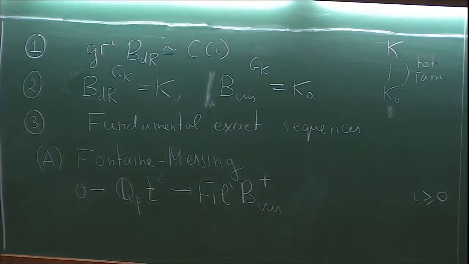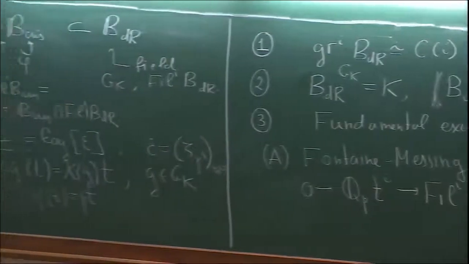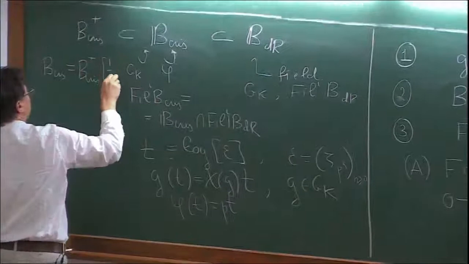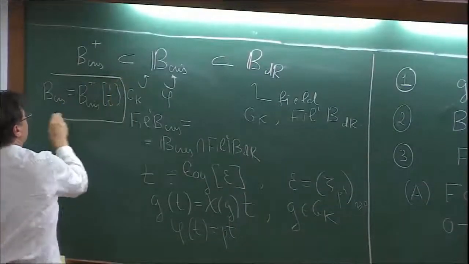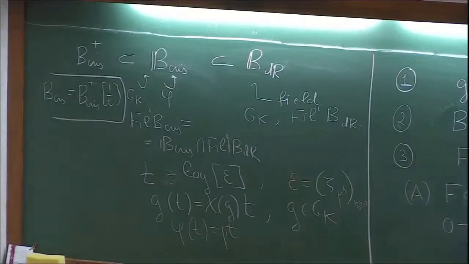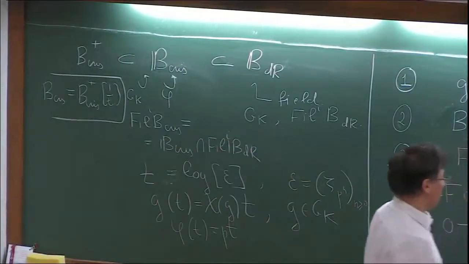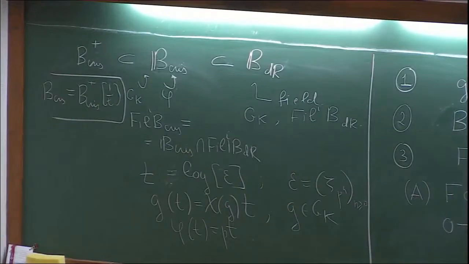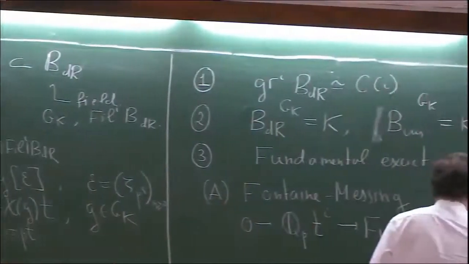So recall that B_cris^+ was constructed before B_cris. This is a subring of B_cris, and B_cris was constructed from B_cris^+ by inverting t. And here we go to B_cris^+ itself.